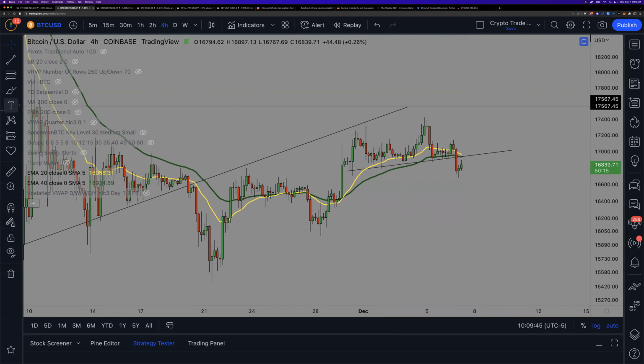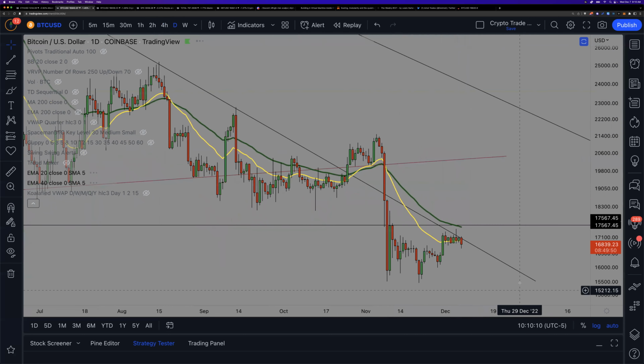And maybe the 20 and 40 EMAs do not bearishly cross. Maybe this thing spontaneously turns like this, and this thing widens and turns like that, and price sits above both of these, in which case I would then be targeting 17,500 all the way up to $18,000 for a long position. Okay, until then, again, I think this area is a little bit murky to start trading in and out of.